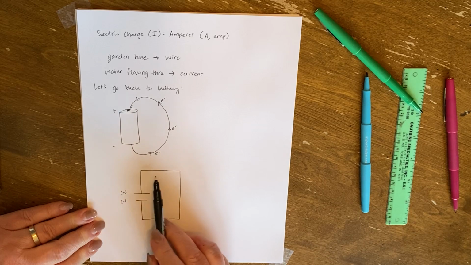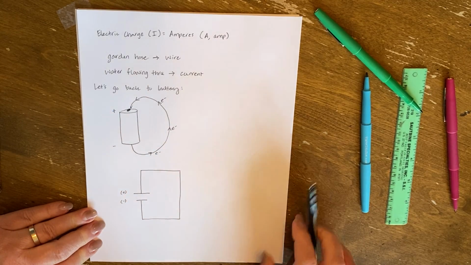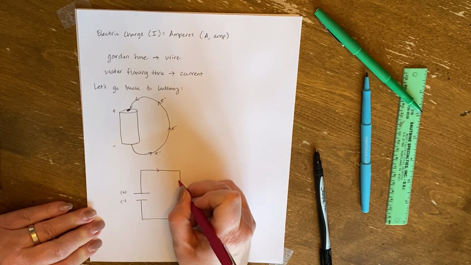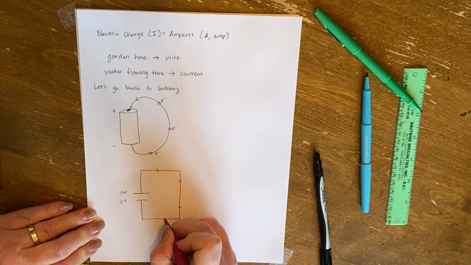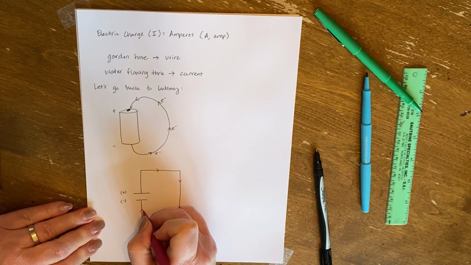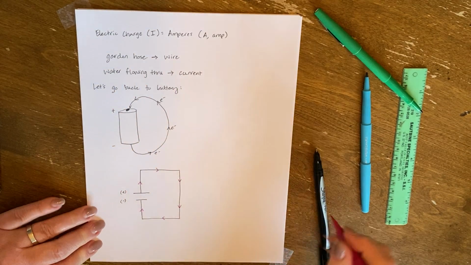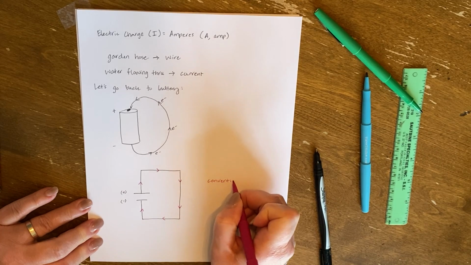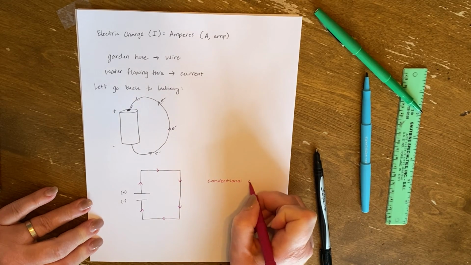Now, in an electric circuit drawing in physics, it's odd, but we actually draw the electron flow going from the positive to the negative side. And that's called conventional current.